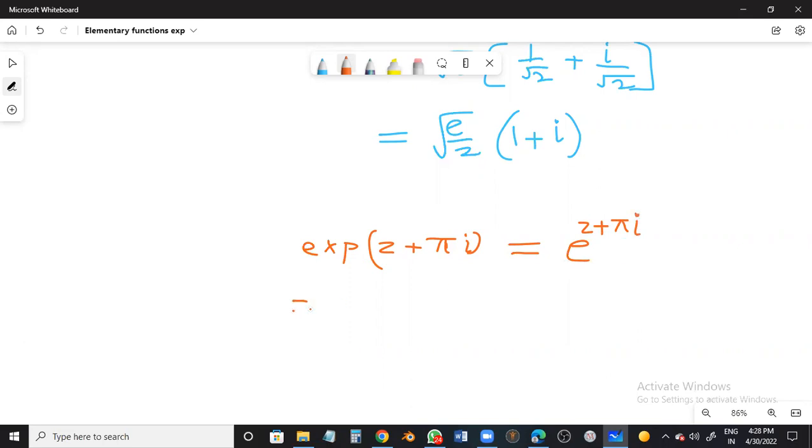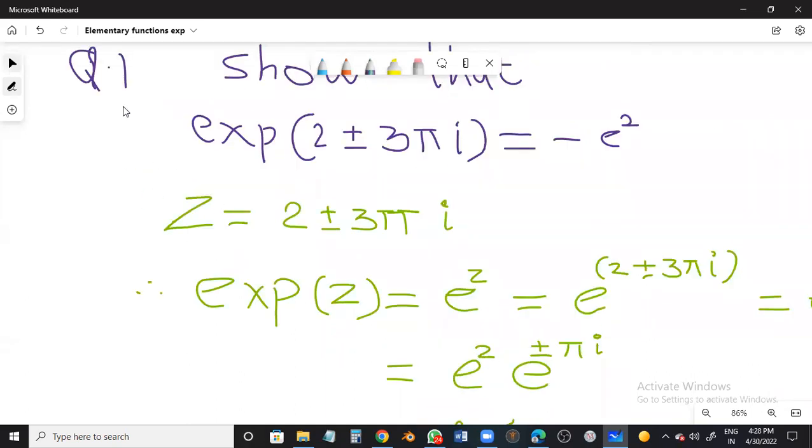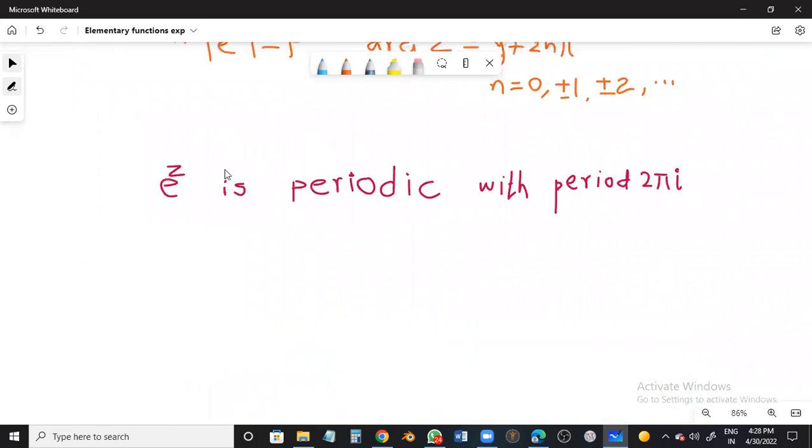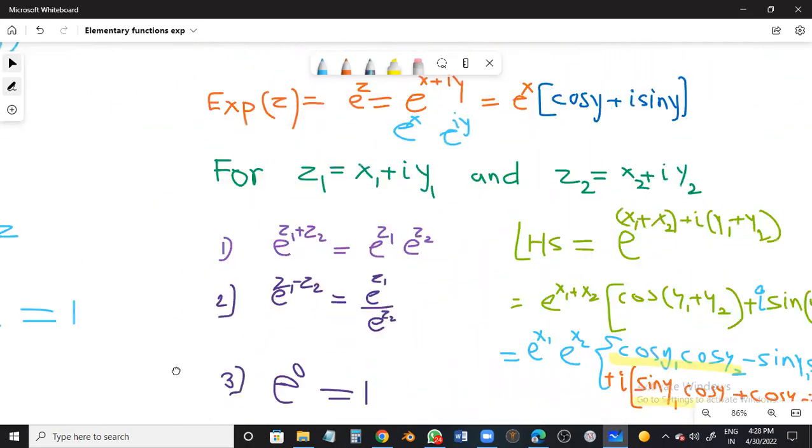So what does this give me? e raised to z multiplied by e raised to pi i. Can I say so? We have seen here e raised to z1 plus z2 is nothing but e raised to z1 multiplied by e raised to z2.